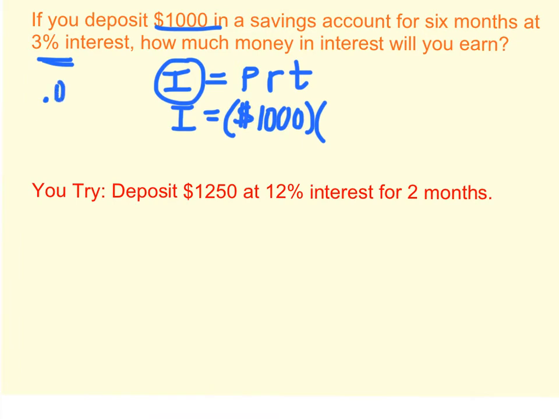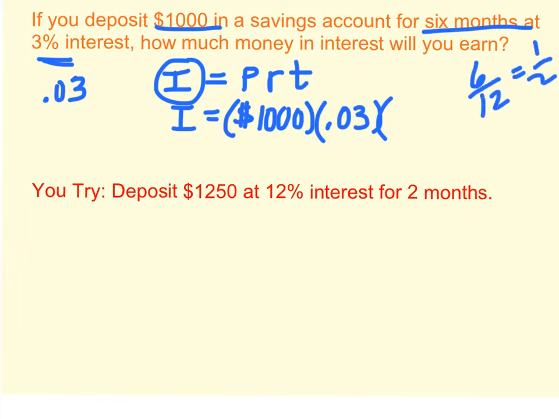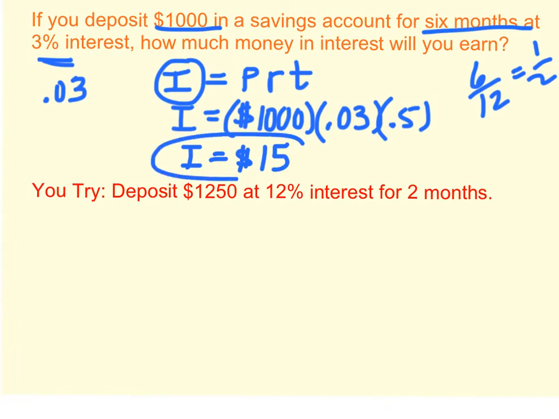That would be 0.03. And the amount of time is 6 months. So remember that the time has to be in years, though. So 6 months is really like 6 out of 12 months. So that's 1/2. So we're going to put 0.5. And so when we go ahead and multiply this all together, we find that we make $15.